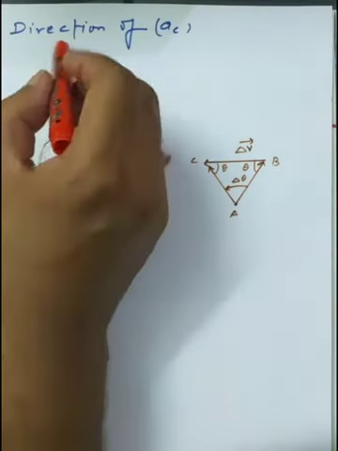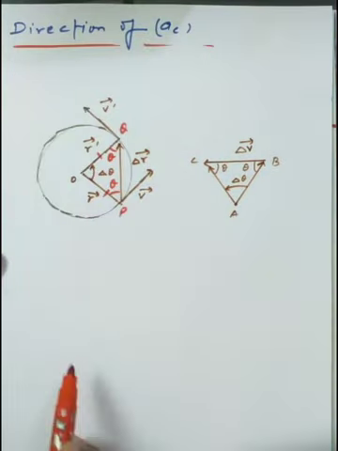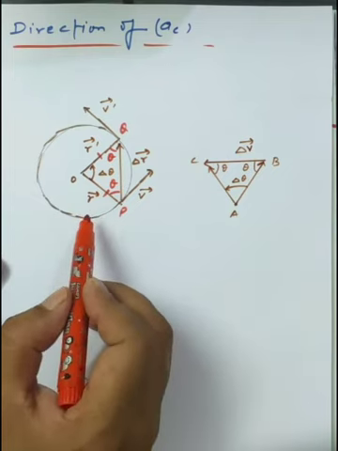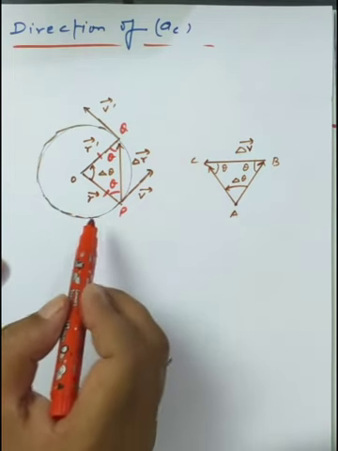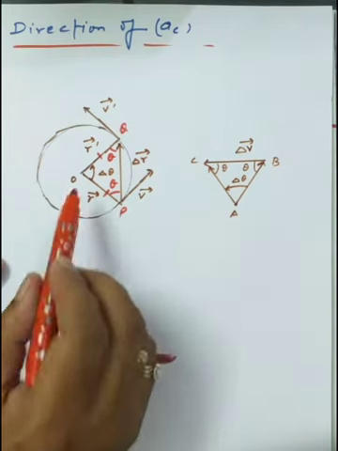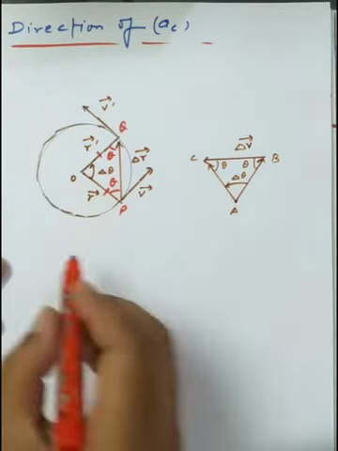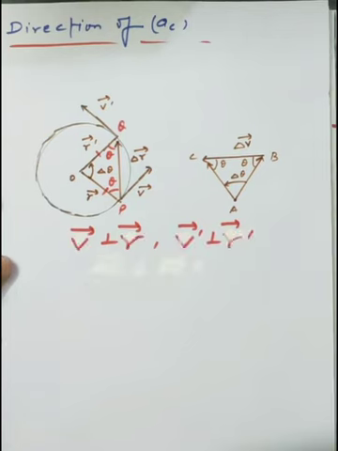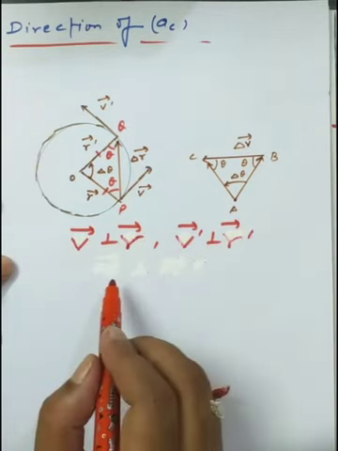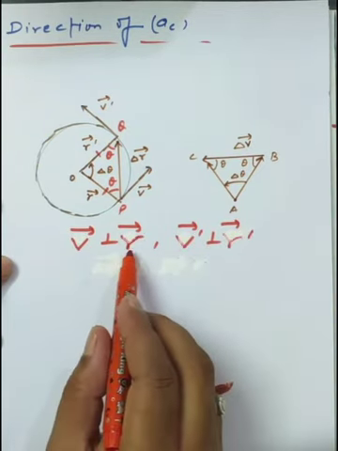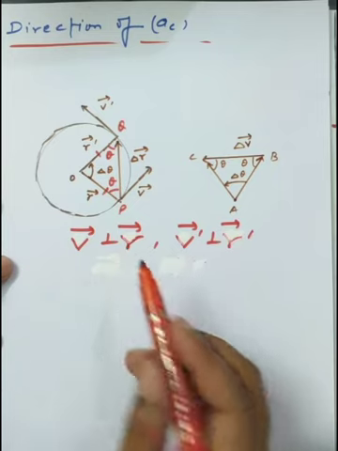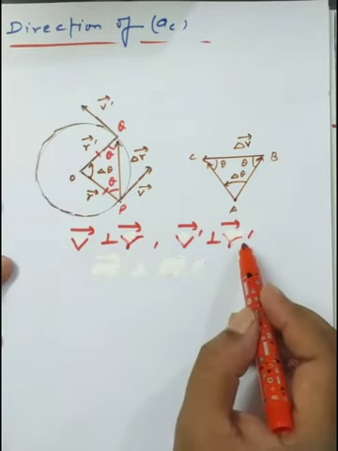Now to discuss the direction of the centripetal acceleration, we assume the same diagram, where we can say that POQ is similar to BAC. As we have discussed, the velocity vector is perpendicular to the radius vector, and the v dash vector is perpendicular to the r dash vector.